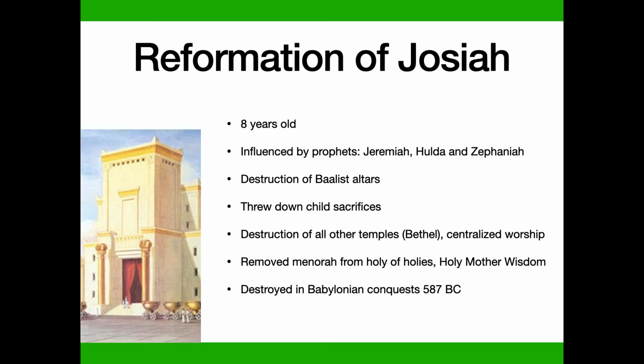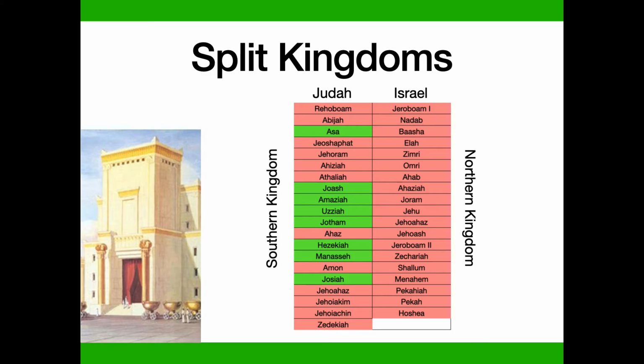Now, everybody had to come to Jerusalem to get sanctified, to do sin sacrifices and trespass offerings and things like that. And long story short, after Josiah, there's 4 different kings.